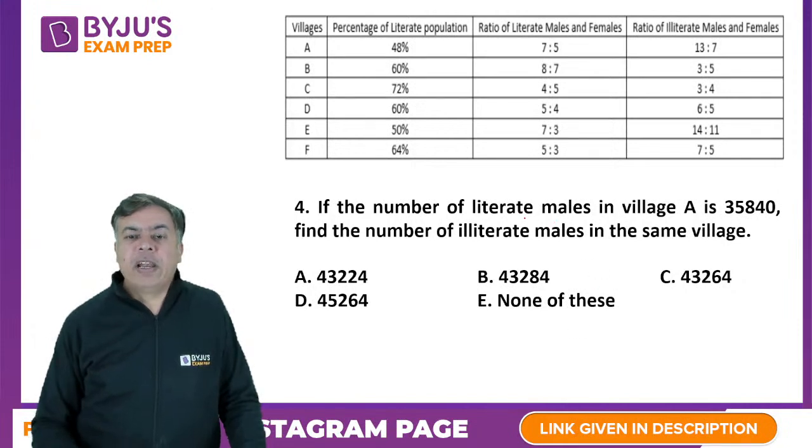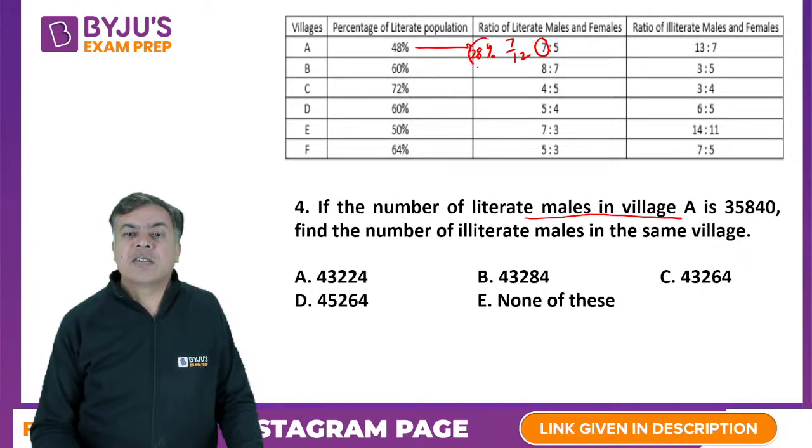If the number of literate males in village A, right? So males are 7 out of 12. So out of 48, 48 into 7 by 12 will become 28%.